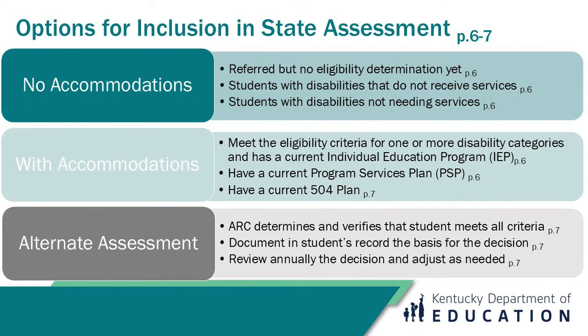The ARC or IEP team would then complete the participation guidelines for the Kentucky alternate assessment and revisit their eligibility for that participation level on a year-to-year basis. A student's ARC is responsible for determining which accommodations, if any, are necessary to provide individualized supports.